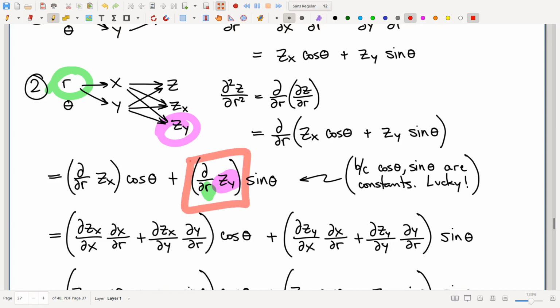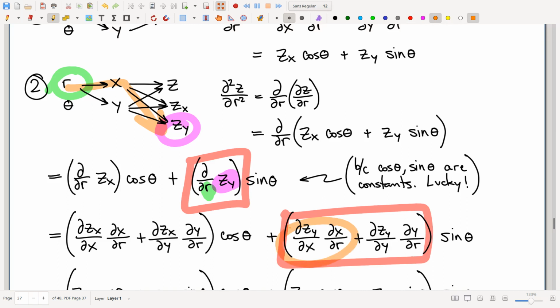So this is going to turn into that by way of there being an x path and thus an x term, and a y path and thus a y term. Same deal. Keeping the diagram up to date as I proceed and new stuff appears. Let the chain rule do my thinking for me.